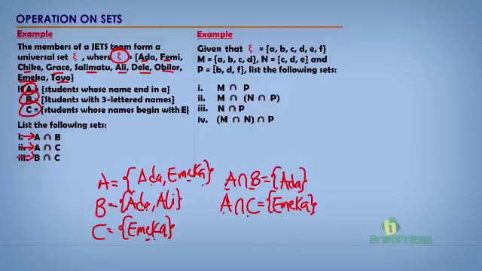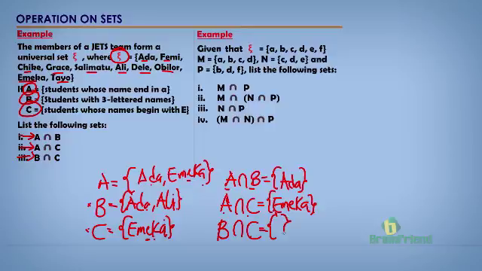Lastly, let's find B intersection C. That would give us a set whose elements are the elements that are commonly found in B and C. If we quickly compare the sets B and C, we'll notice that they have no element in common.